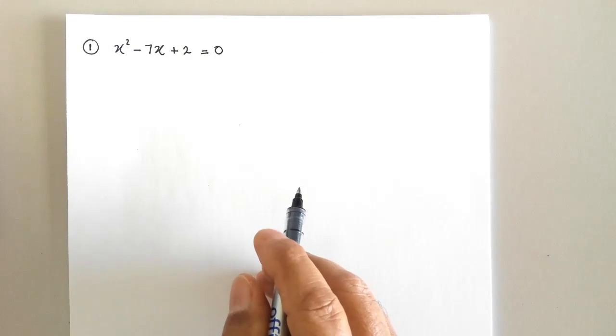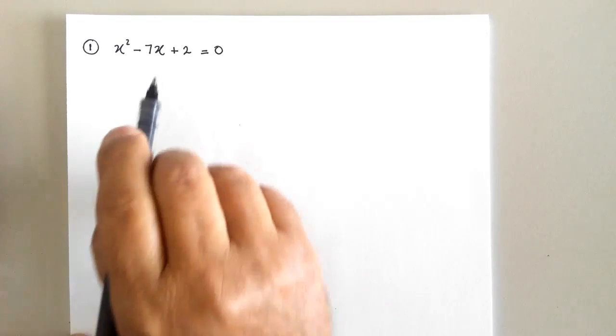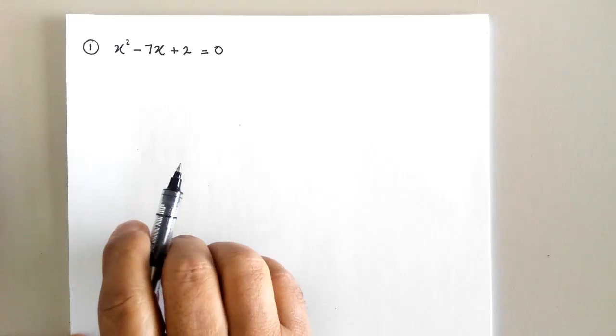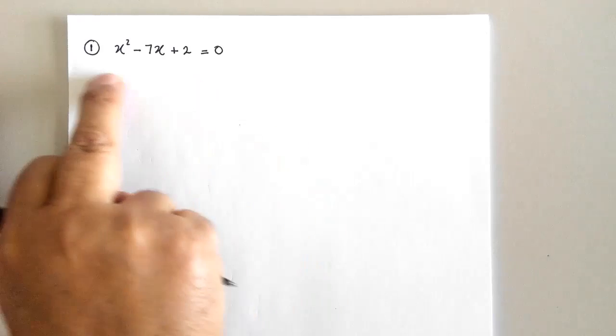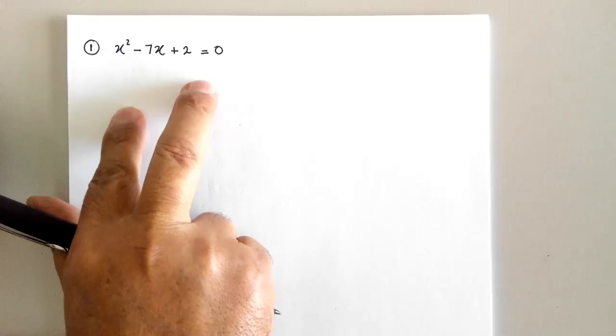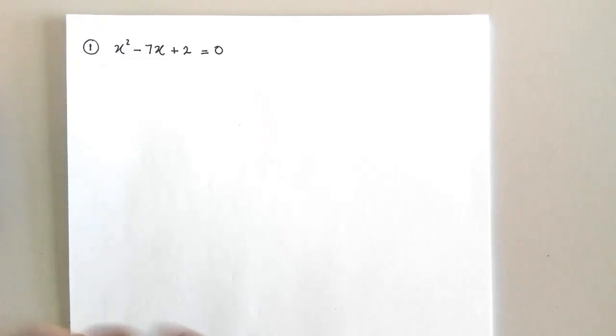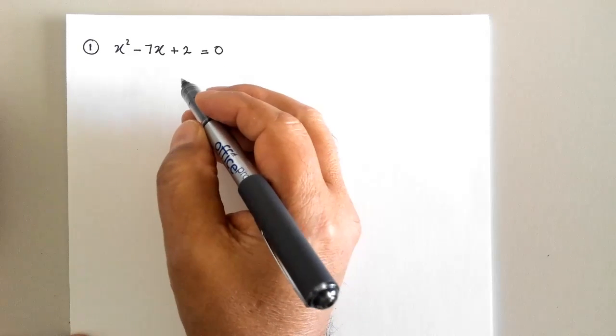Let's say that we have that question. So step number 1, we are going to move this plus 2 over to the other side, and we cannot do factorization because we cannot find a couple that will factorize that equation.